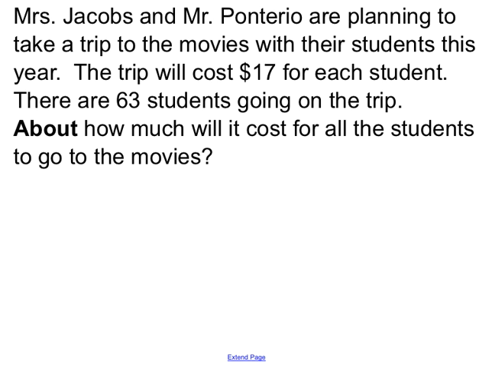There are 63 students going on the trip. About how much will it cost for all the students to go to the movies? Now, the word about is in bold because that should jump out at you. And we have to take notice when problems have these types of words in it. Okay? So you can pause to copy and solve in your math notebook. And yes, we are planning to take a trip to the movies. We just don't know when.